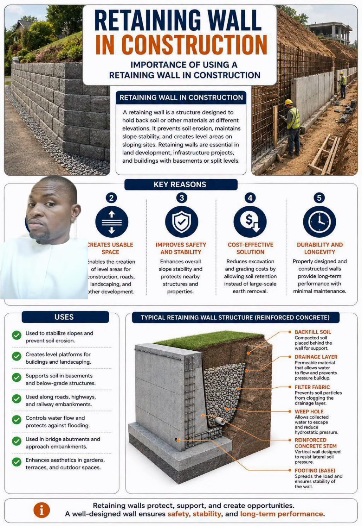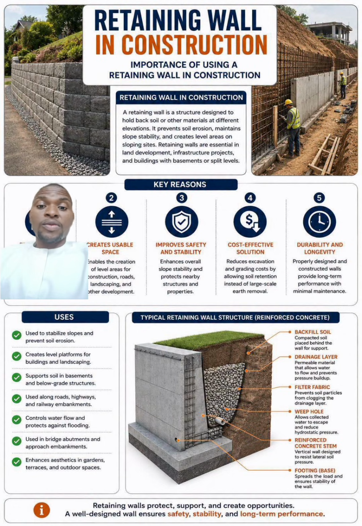Then we have the drainage layer, a permeable material that allows water to flow and prevents pressure buildup, right? Then we have filter fabric, which prevents soil and particles from clogging the drainage layer. Then we have the weep hole, which allows collected water to escape and reduces hydrostatic pressure.